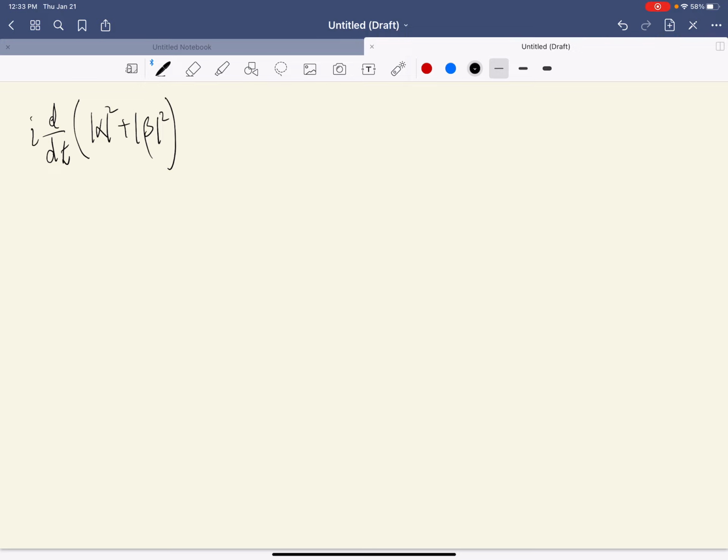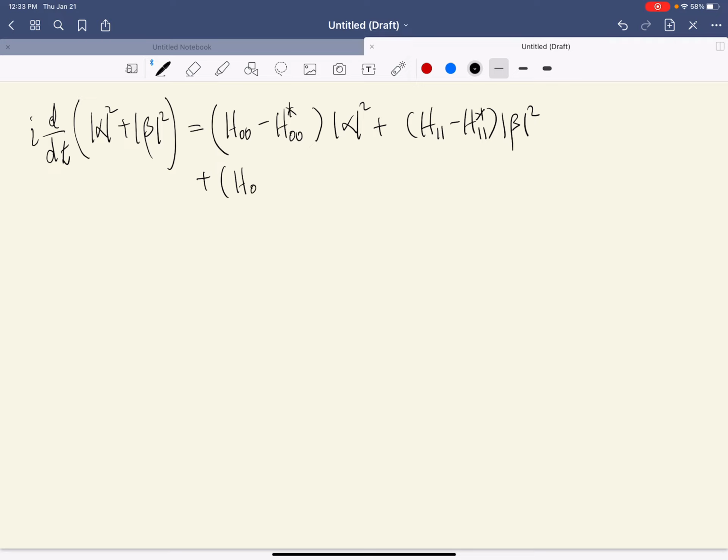Okay, so if I multiply by i on the left-hand side, I get h00 minus h00 star times alpha squared, plus, similarly for the h11, and h10 minus h10 star.